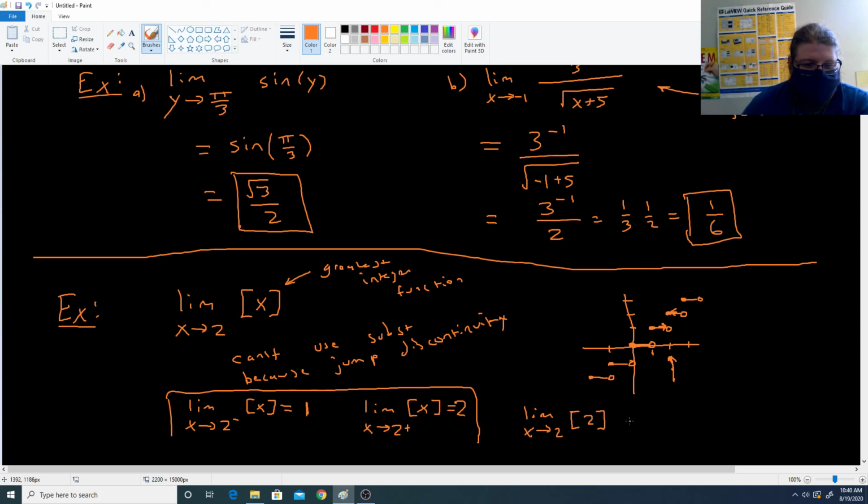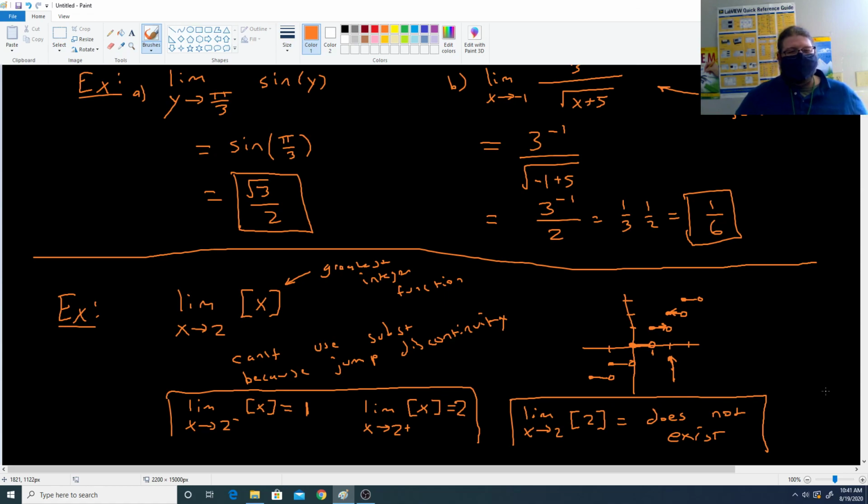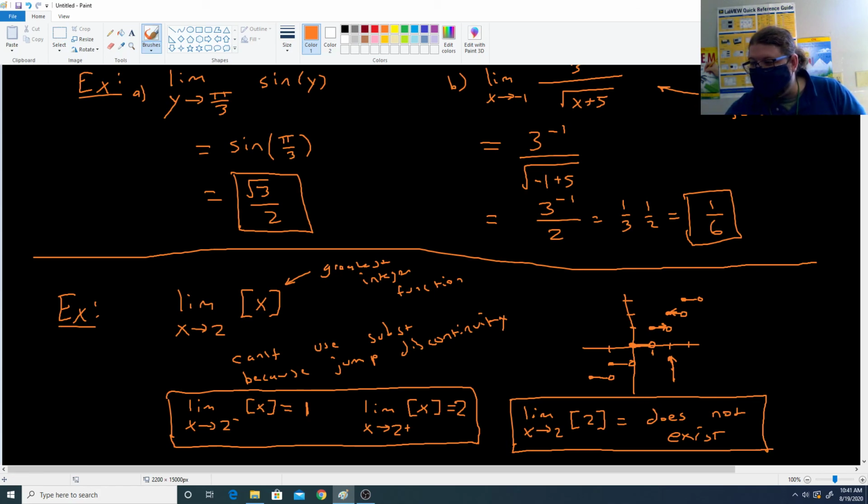They're not approaching the same number. So this two-sided limit does not exist. And we were not able to use the substitution trick on this because the function that we were dealing with was not continuous at 2. So we couldn't apply the substitution trick using continuity because we weren't continuous. So that's going to wrap that one up.